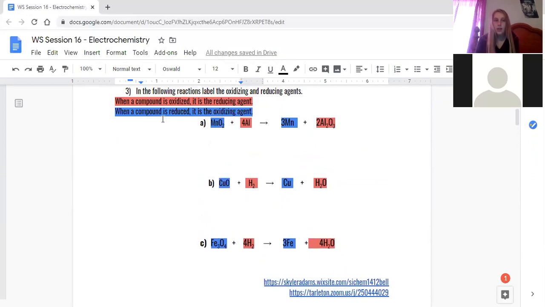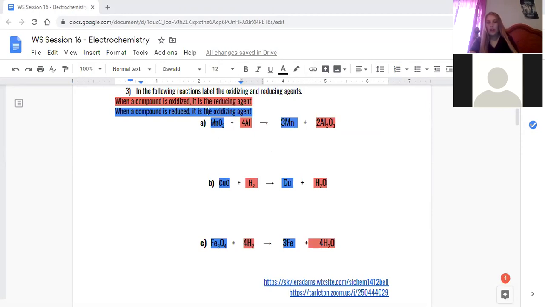So it's kind of like up here, when we're looking at this. See how they're always paired? You have one that's being reduced and one that's being oxidized each time. And so you have an oxidizing agent and a reducing agent each time. So whichever one you have, you're going to need the other one. Looking at this first one, this is being reduced.